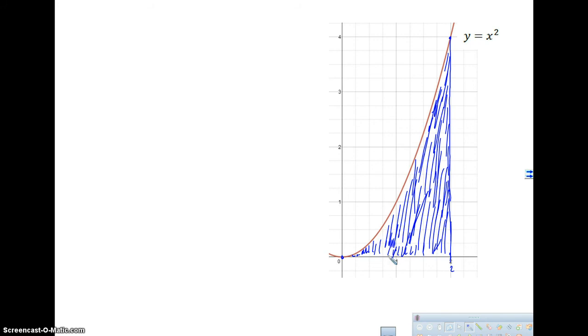And an antiderivative, if you remember from the power rule, so if I was taking a derivative, y equals x squared, I'd have y prime equals 2x. Well, an antiderivative is going the other way. So instead of bringing the 2 down and subtracting 1, I'm going to add 1 and divide by that number.